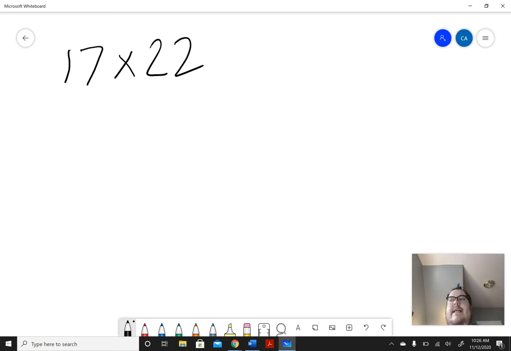One of the big things that I want you all to understand about multiplication and about numbers in general is that you can get just as much information from them as you do if you were to read a sentence in a book. They're not just numbers that you have to work with, they're telling you something.